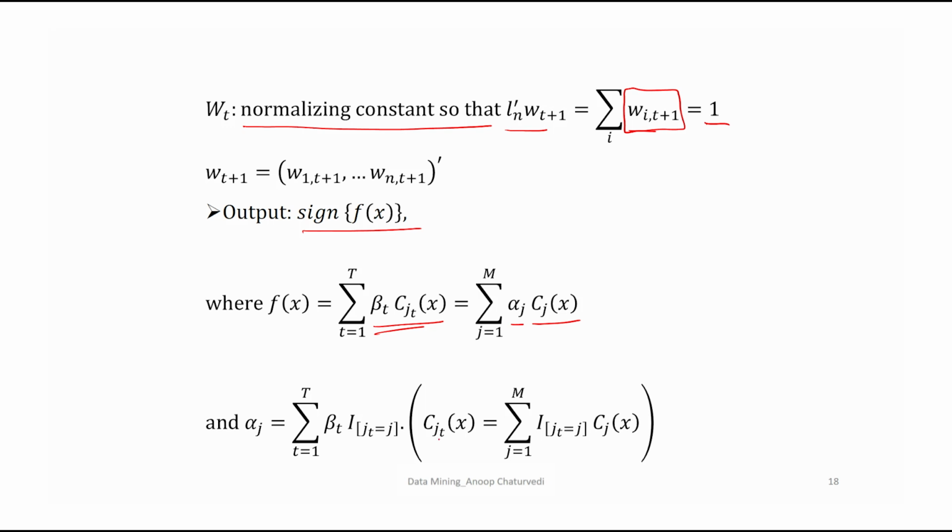Notice that c_{j_t}(x) is equal to summation j equal to 1 to M of the indicator function I(j_t equal to j) c_j(x). If we substitute this c_{j_t} here, and write alpha_j equal to summation t equal to 1 to capital T of beta_t I(j_t equal to j), then we get this expression.